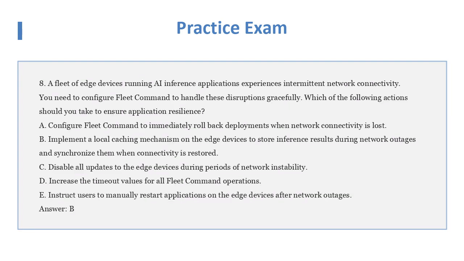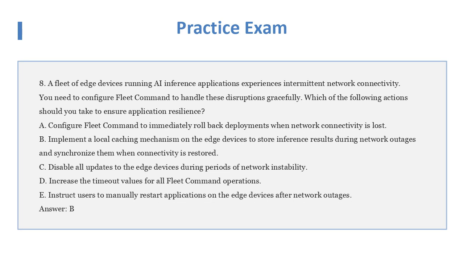8. A fleet of edge devices running AI inference applications experiences intermittent network connectivity. You need to configure Fleet Command to handle these disruptions gracefully. Which of the following actions should you take to ensure application resilience? A. Configure Fleet Command to immediately roll back deployments when network connectivity is lost.